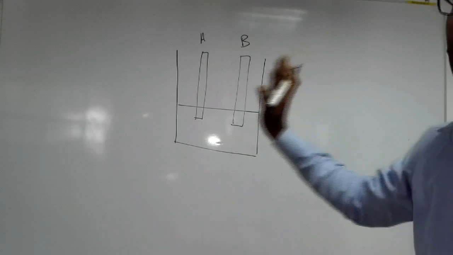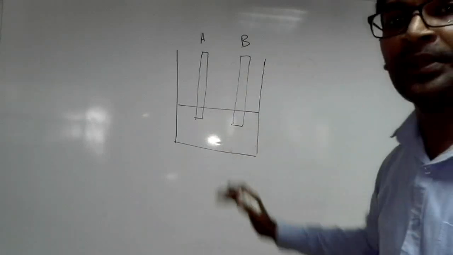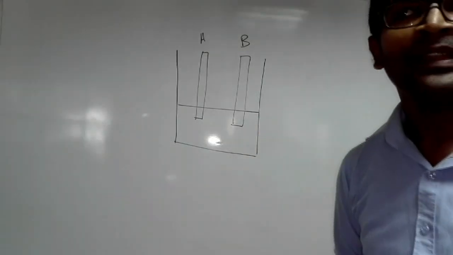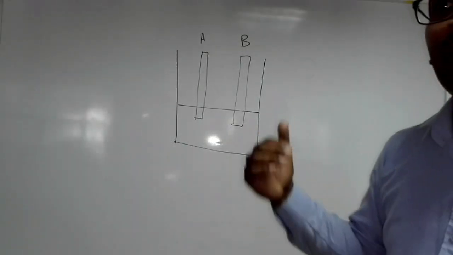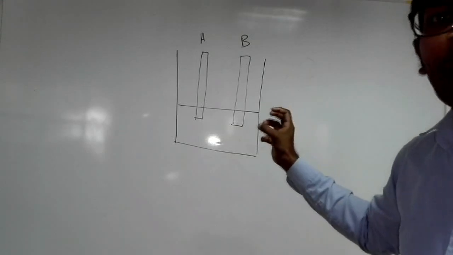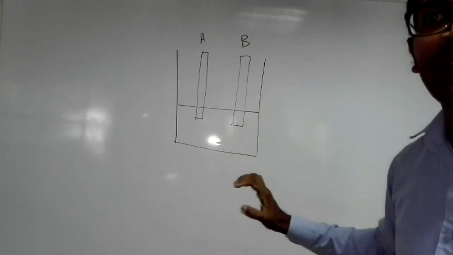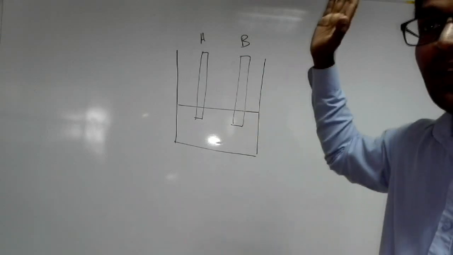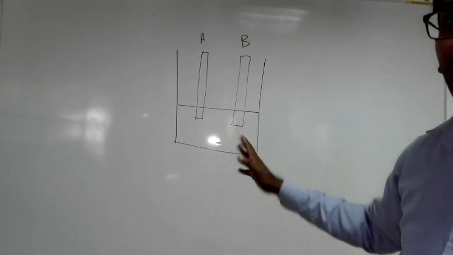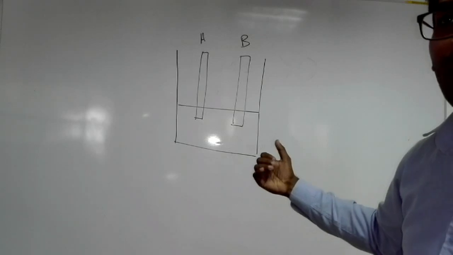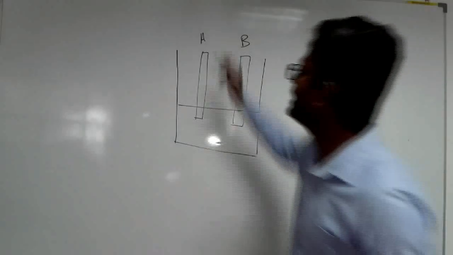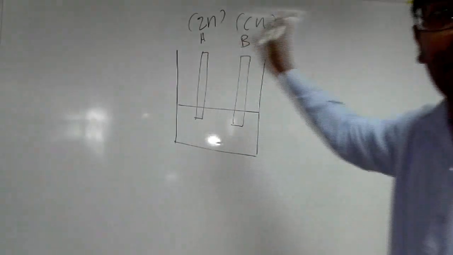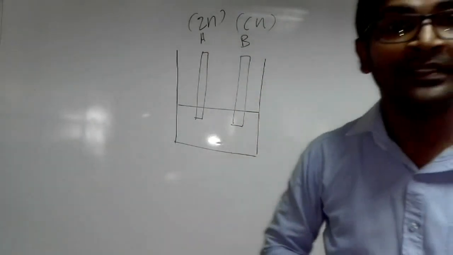Let's think of A as one electrode and B as another. In an exam question they may ask which one is the deposition electrode and which one is the dissolving electrode. As an example, we take A as zinc and B as copper.